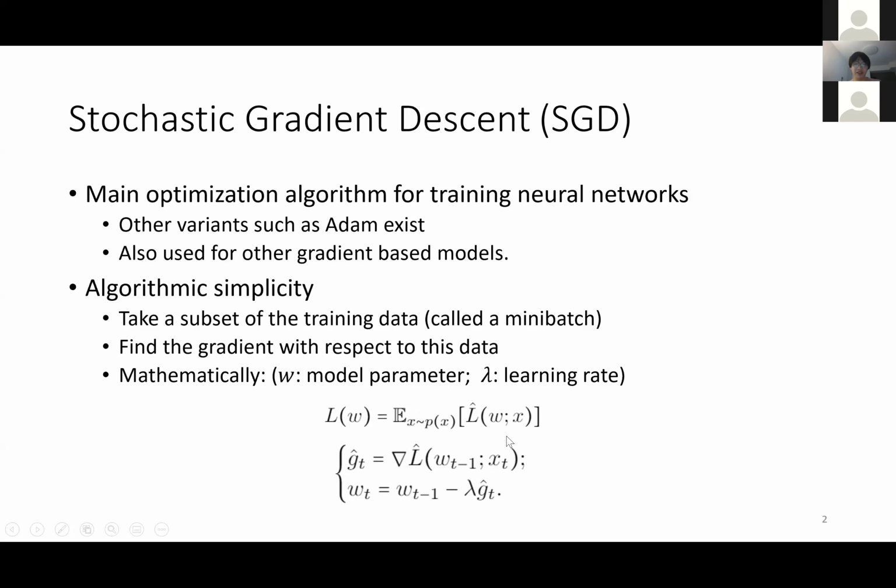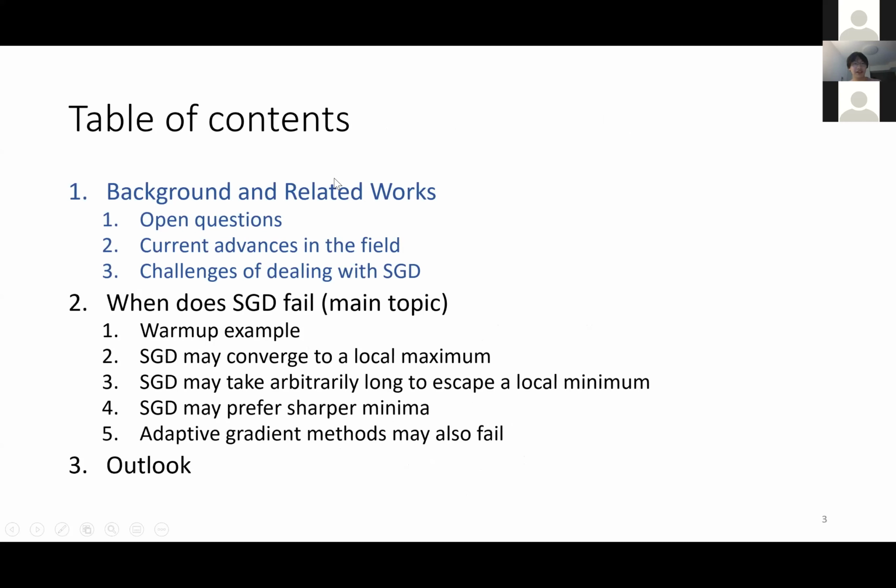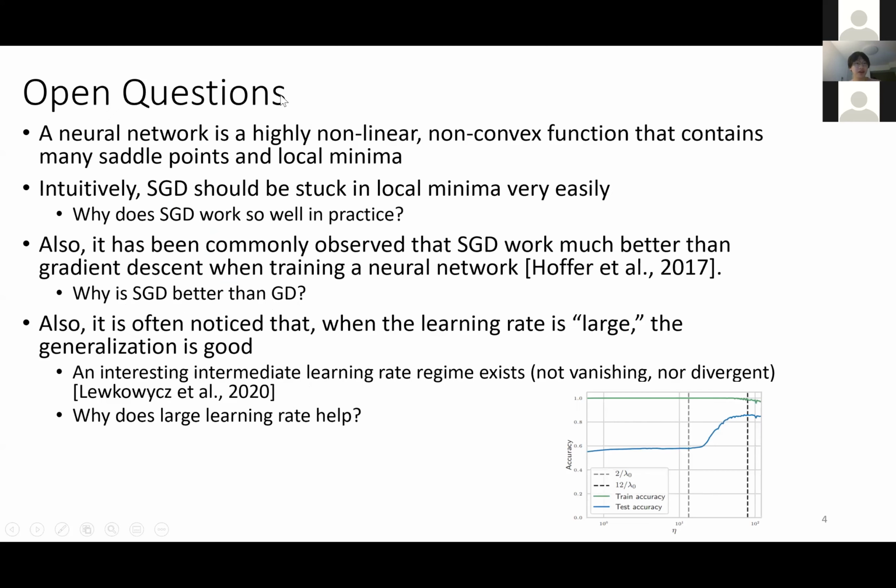And then we update the parameters. So here is a table of contents for this seminar. I will start with the background and related works, and then I will introduce our recent result that studies when SGD fails, and then I will end this seminar with some outlook comments.